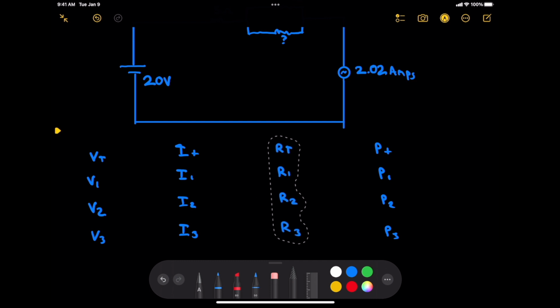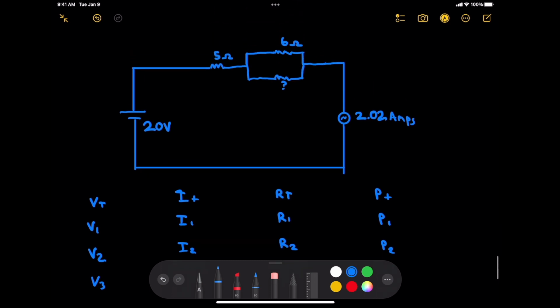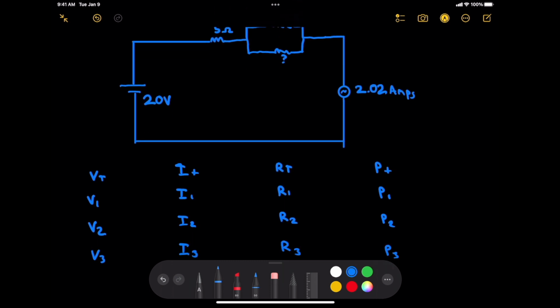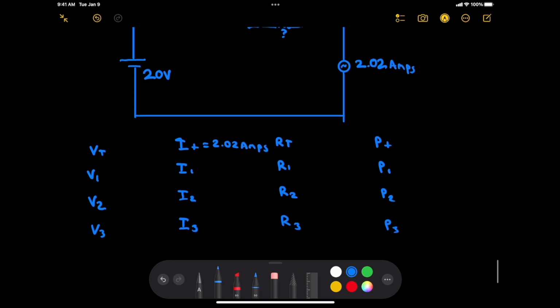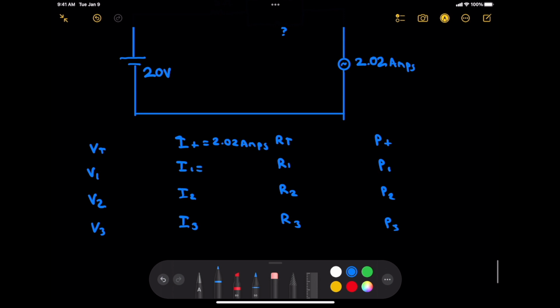Let's fill out what we know. We know what IT is. IT is going to be 2.02 amps. And that means I1 is going to be 2.02 amps as well. All right.